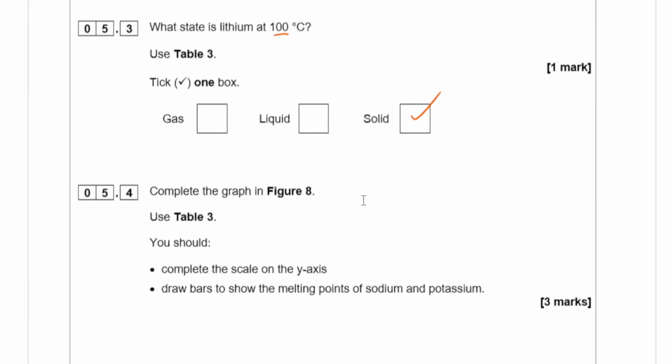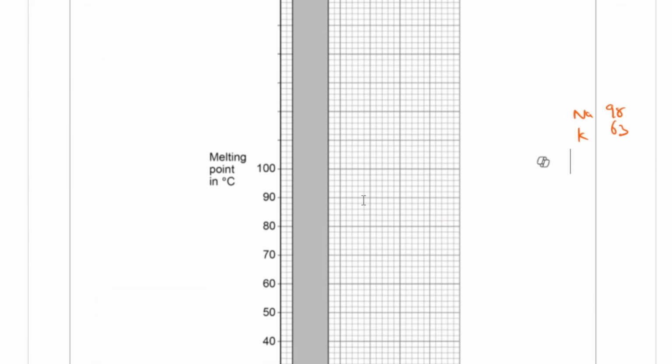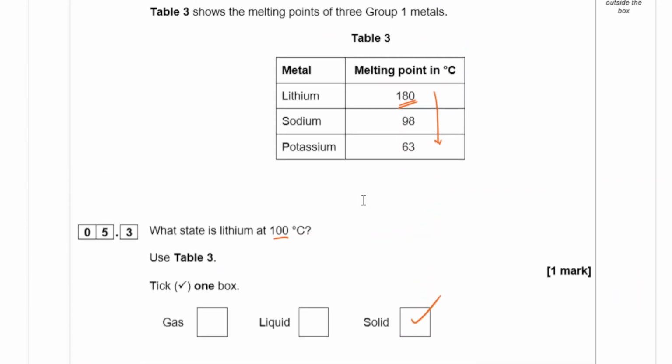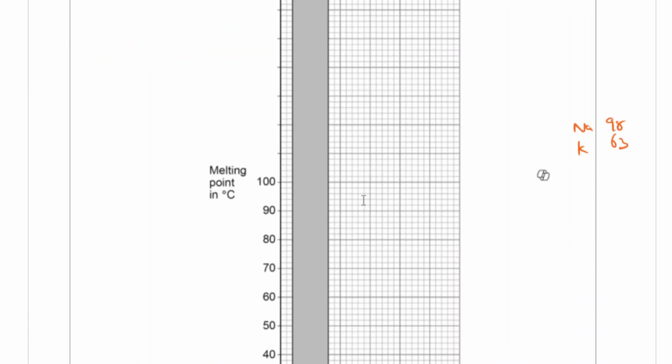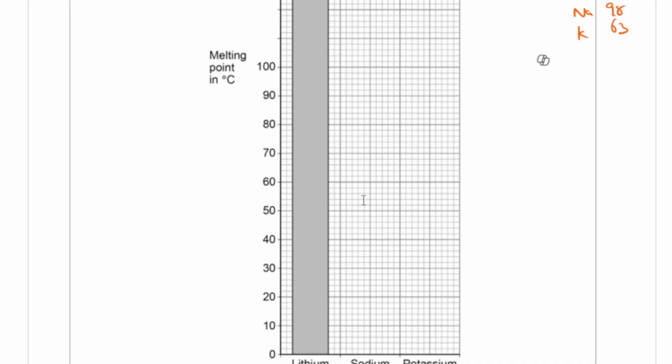Which axis are they asking? Complete the scale on the y-axis. Okay, so they've gone up to 100. So we need to go up to a maximum of 180 for lithium. They have drawn the bar for lithium and they're going up in tens.